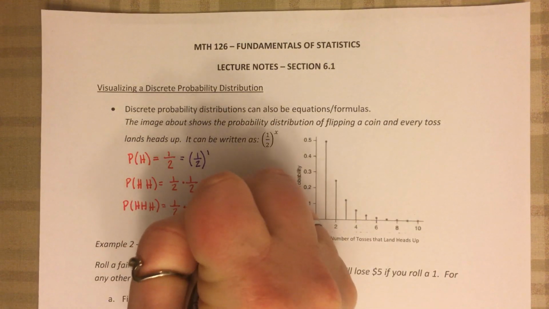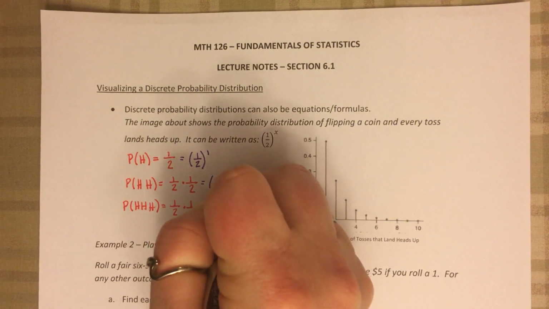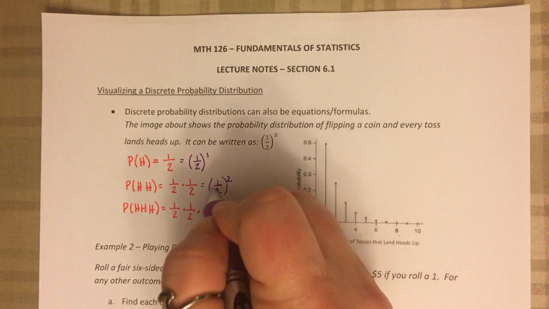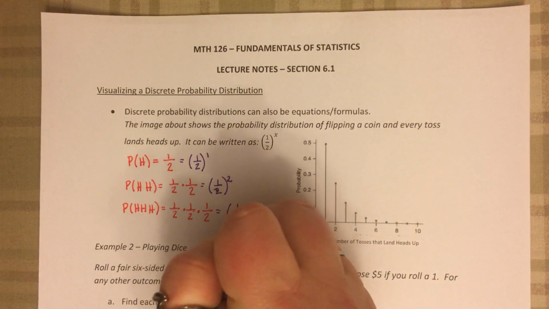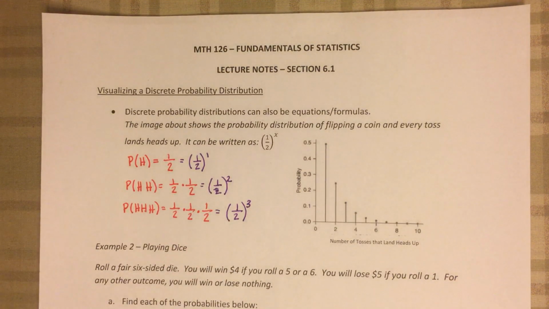This one is equal to 1/2 to the second power, which is 1/4. 1 times 1 is 1 squared, 2 times 2 is 2 squared. This next one is 1/2 to the third power, or 1/8. So in this case, our probability distribution, instead of being presented as a table, is presented as a formula.